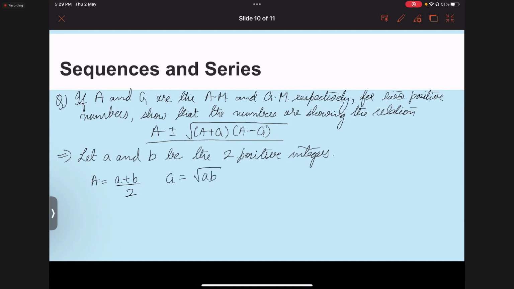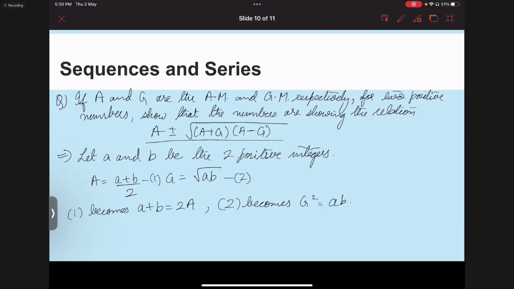We can call this statement 1 and this statement 2. Your statement 1 becomes a plus b is equal to 2A, and your statement 2 becomes G squared is equal to ab.